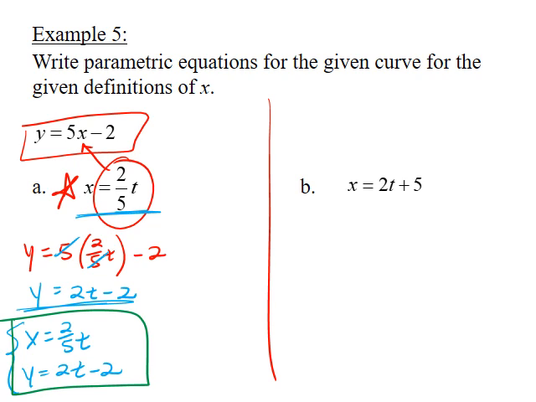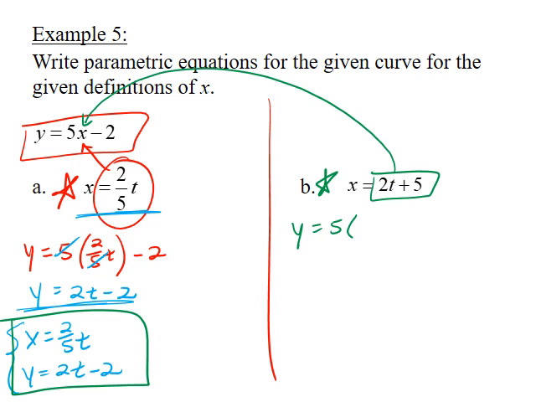Okay, so for part B, this is part of my answer, but to find the other part, I'm going to take this and plug this in for x, because x represents 2t plus 5. So y equals 5 times x, but instead of x, I'm using 2t plus 5. Don't forget the minus 2 at the end.